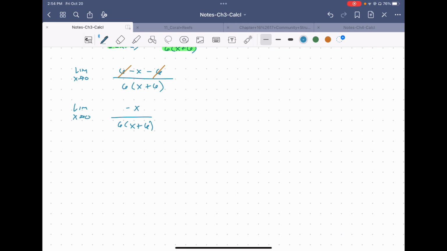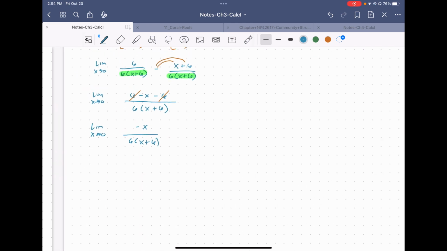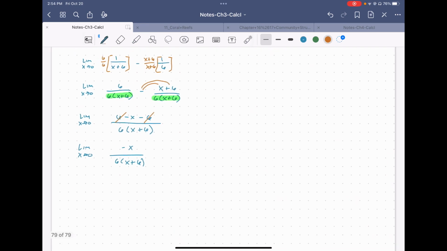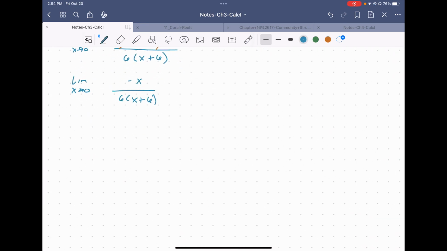And at this point, there's not much we can do, but we have to remember that we did not do anything with this denominator from the original equation. So we've got to reintroduce that. So in step number 2, reintroduce the original denominator.